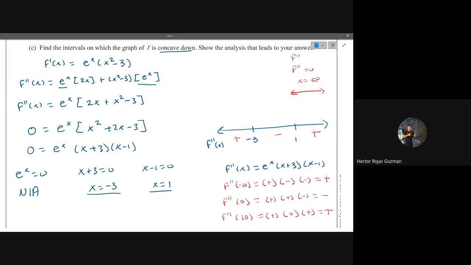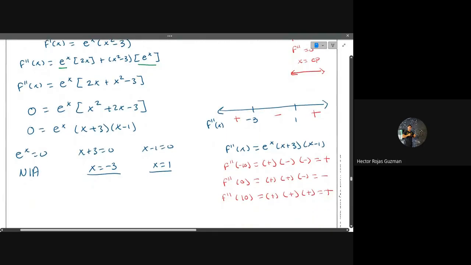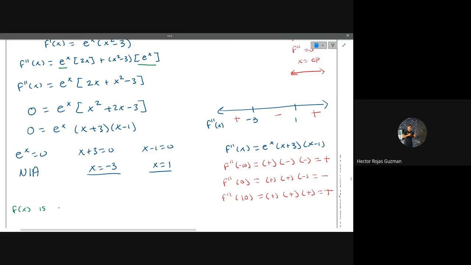So the function f of x is concave down on negative 3 to 1 because the second derivative is negative.